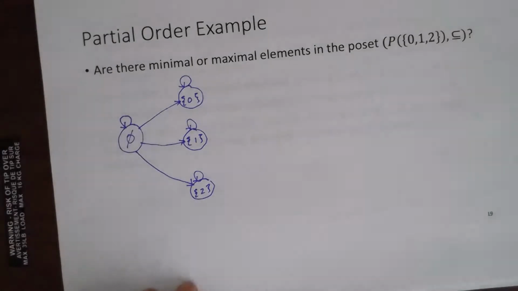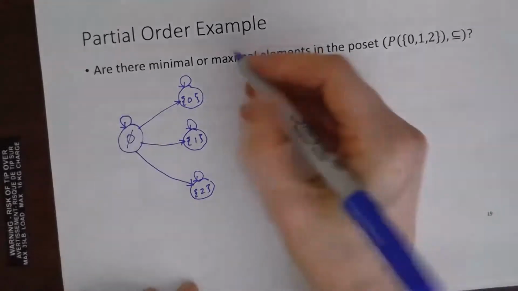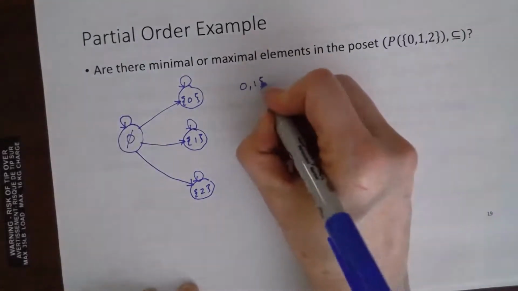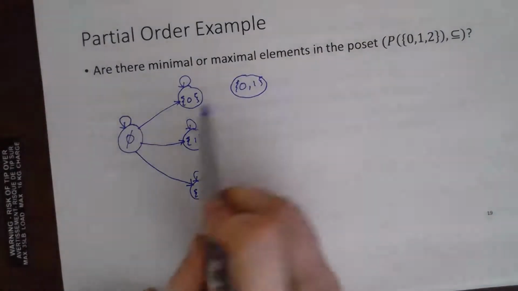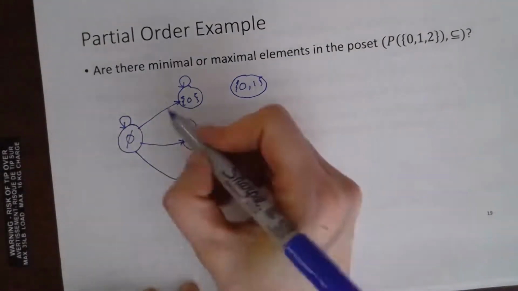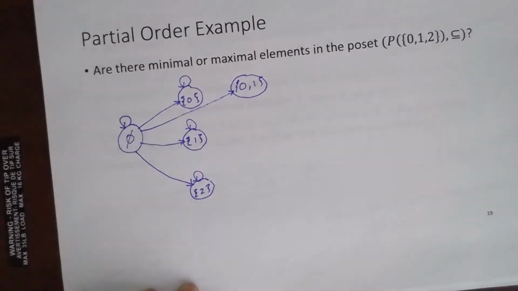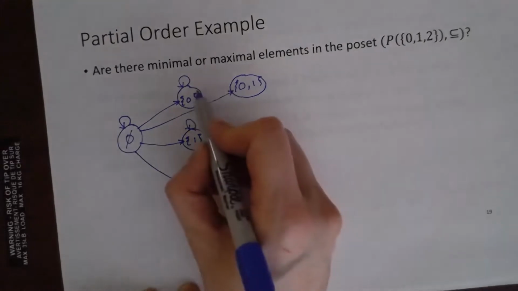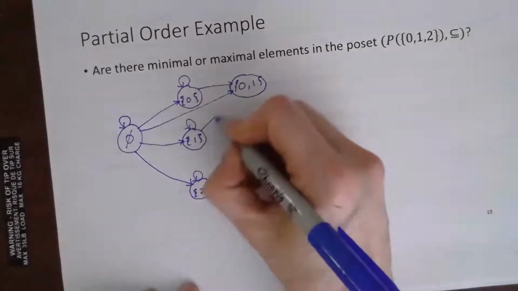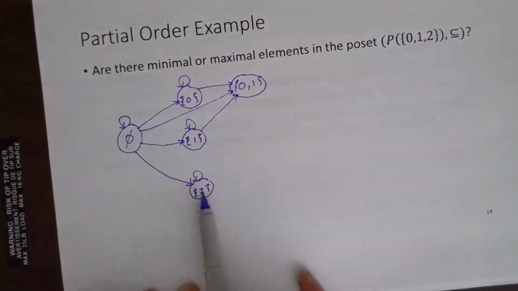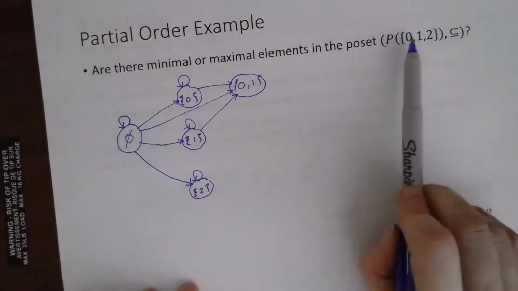So now we have to have subsets of size 2. So let's go with 0 and 1. Let's do that one. So let me put that. Okay, so the empty set, of course, has to be a subset of that one. And then the set containing just 0 is a subset of that, and the set containing 1 is a subset of that, but the set containing 2 isn't a subset of that one. So that would be 0 and 1.